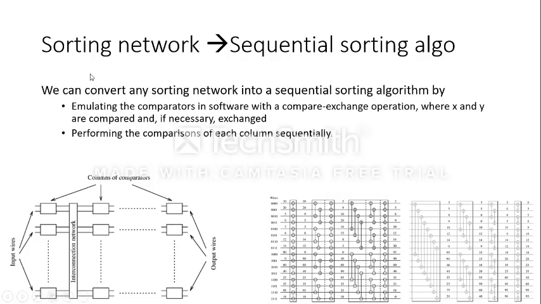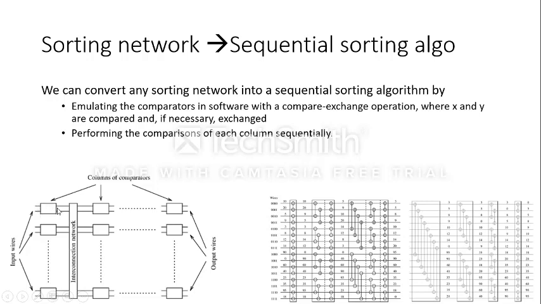Now if we want to convert a sorting network, which is originally designed for the parallel architecture, into a sequential sorting algorithm, then we can do so by implementing these comparators with the help of some functions.